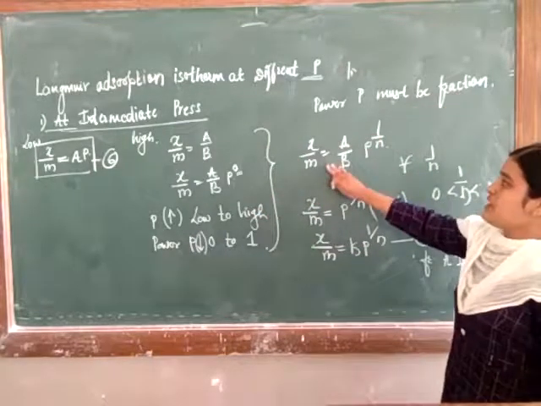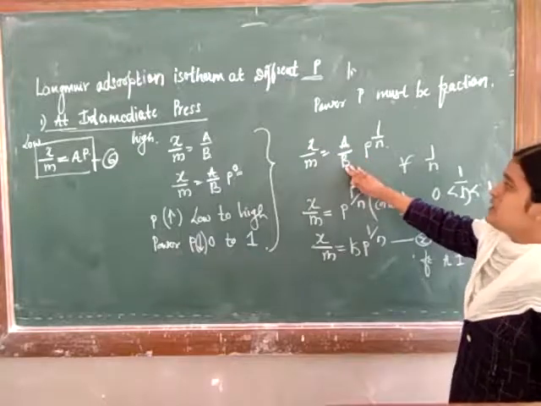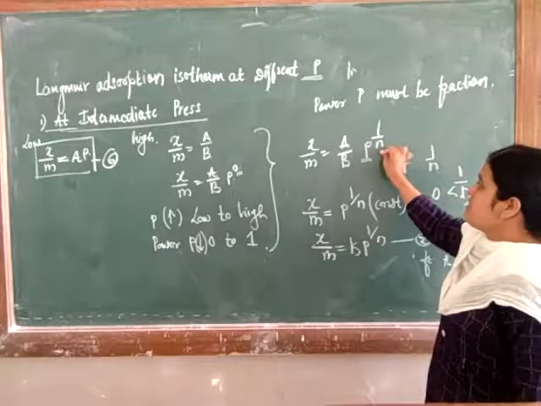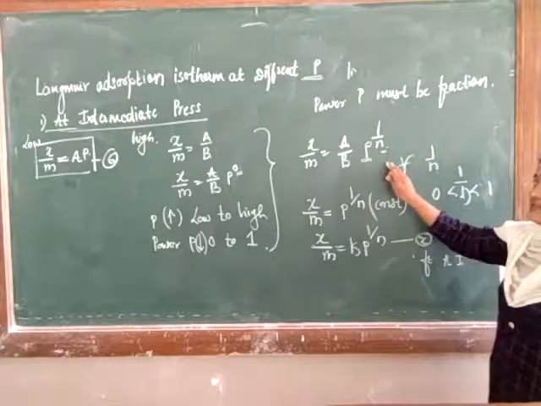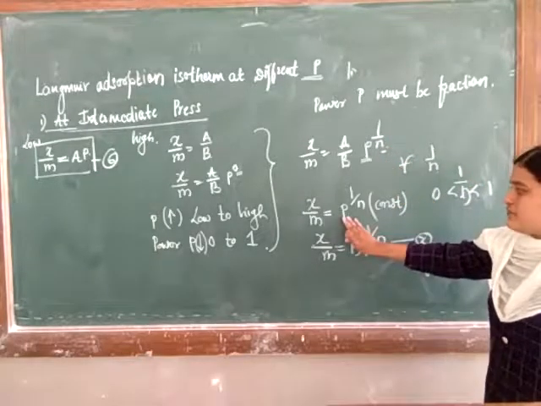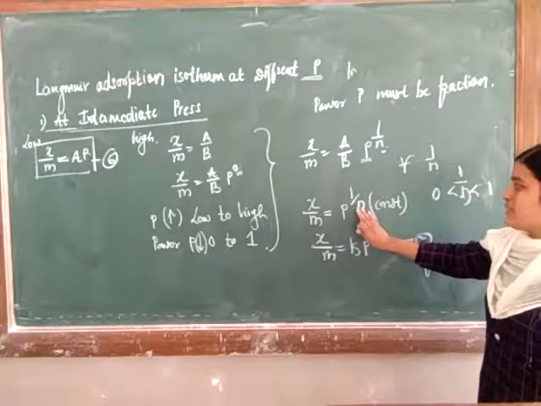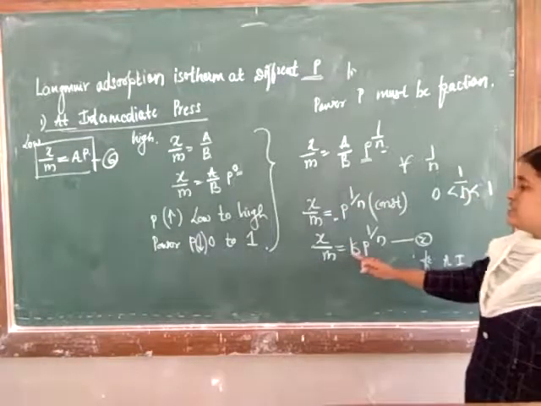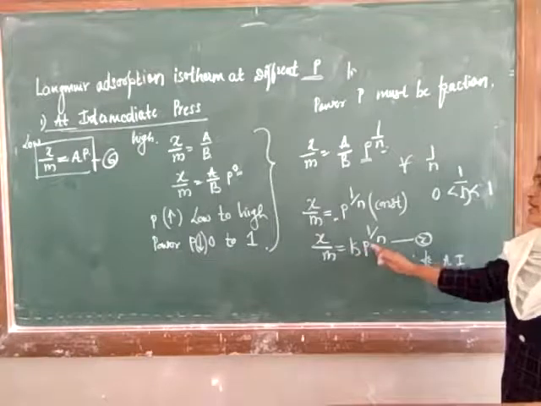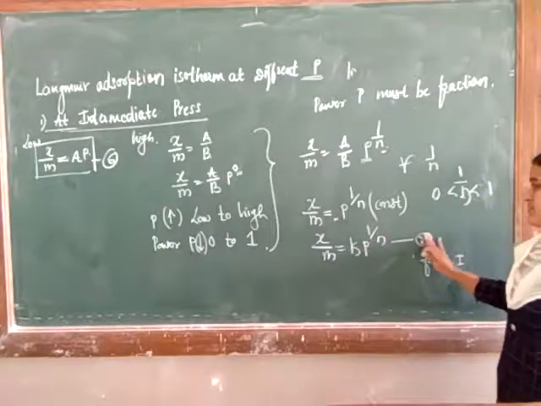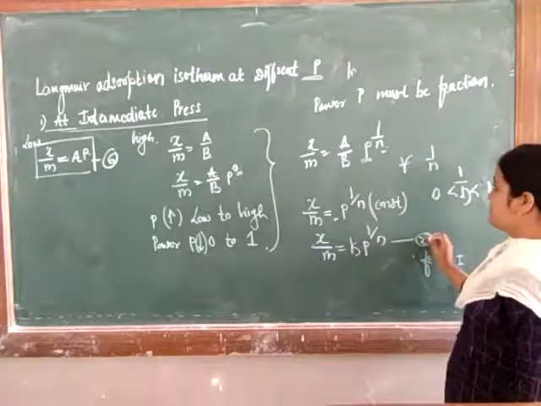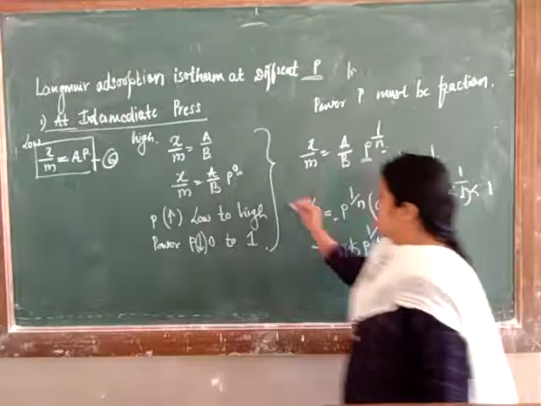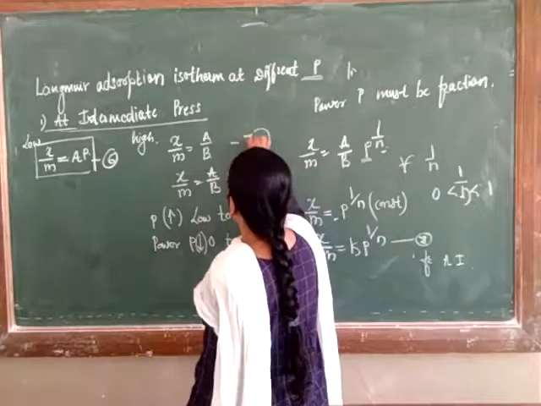So x upon m is equal to a upon b into P raised to 1 upon n, where n is the number of adsorbent molecules. So x upon m is equal to K into P raised to 1 upon n, where K is a constant. Consider this as our equation number 8, and this is equation number 7.